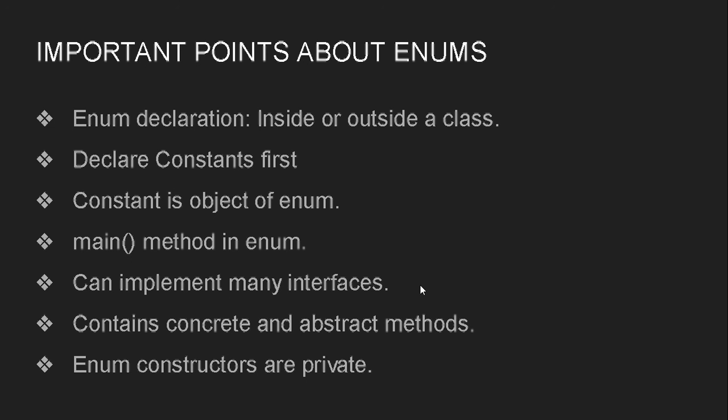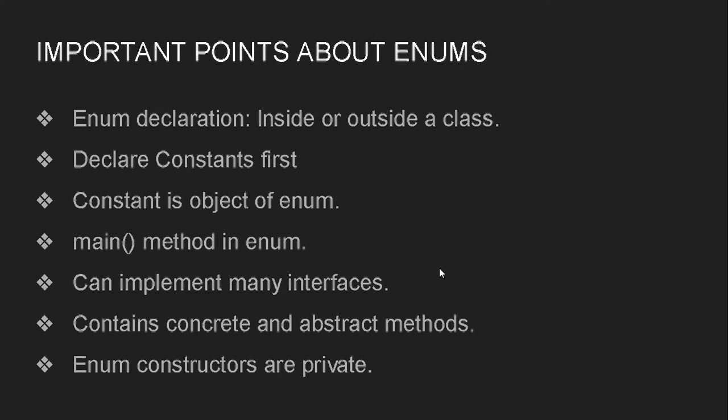An enum can contain concrete and abstract methods. As I said earlier, abstract methods are always defined in an abstract class, but abstract methods can be defined in an enum, and the enum can contain concrete methods as well. There are certain rules which we need to follow in an enum.